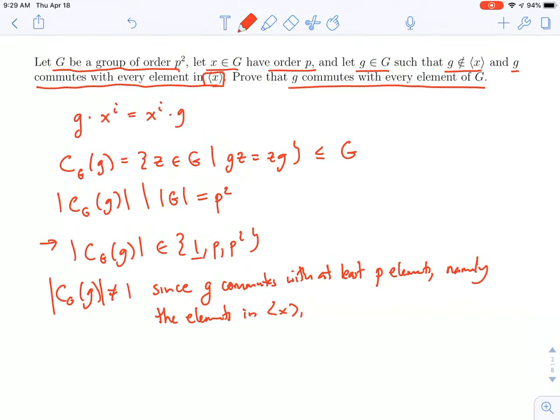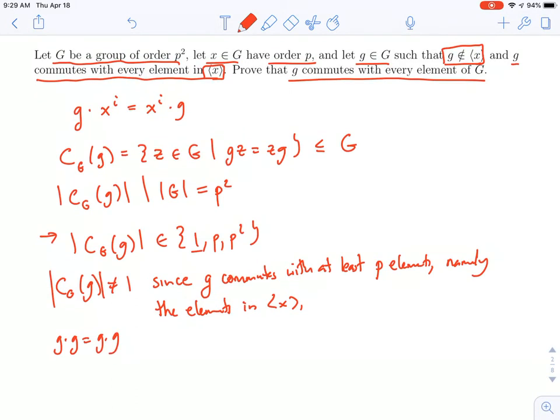Okay, so it can't be 1, so it's either p or p squared. Well, p sounds pretty good because, hey, we already know g commutes with the p elements in the group generated by x. But g was assumed to not be one of those p elements. And g certainly commutes with itself, right? How's that for a deep insight?